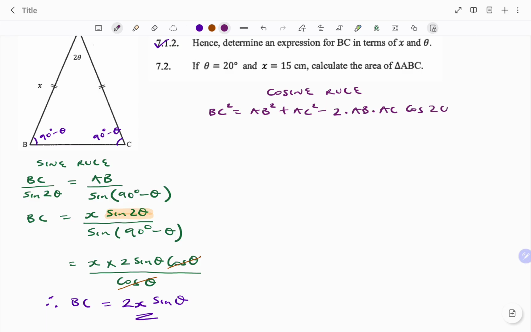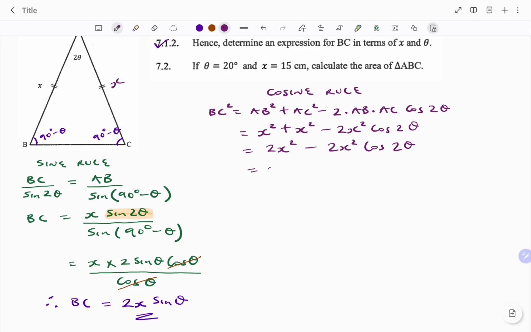That's cos 2 theta. Therefore, simplifying, because this is also x, I have x squared plus x squared minus 2x squared, because that is x times x, then I have cos 2 theta. Therefore, that is going to be equal to 2x squared minus 2x squared cos 2 theta.